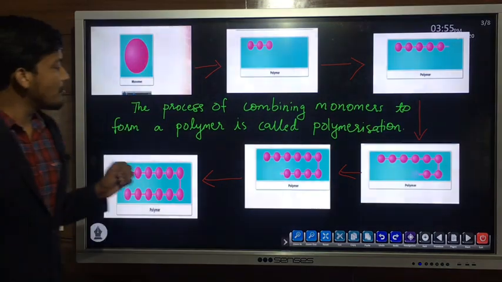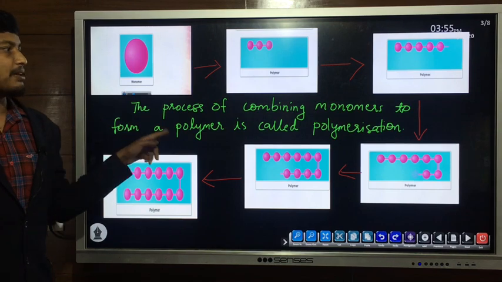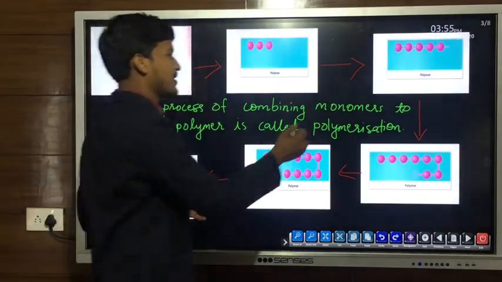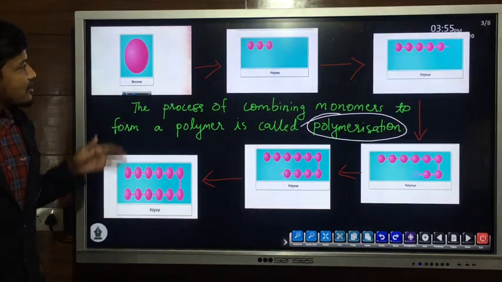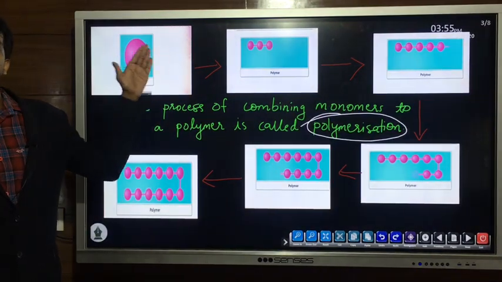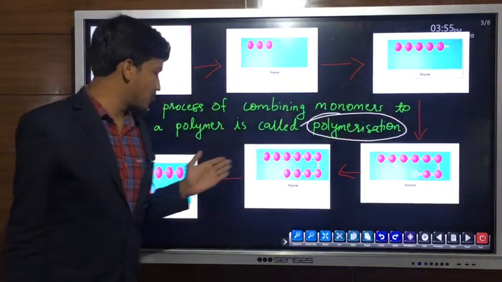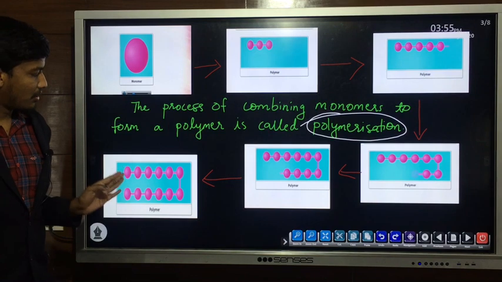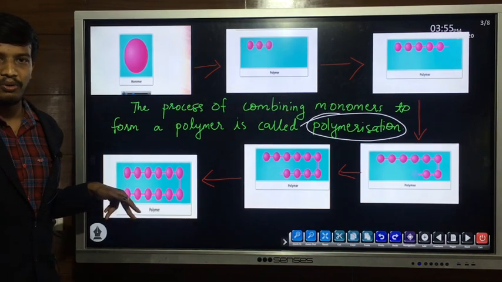Now, the process of combining monomers to form a polymer is called polymerization. So what do we mean by polymerization? We have seen that hundreds of monomers are combined together to form a long chain, and this long chain structure, this large molecule, is called polymer.